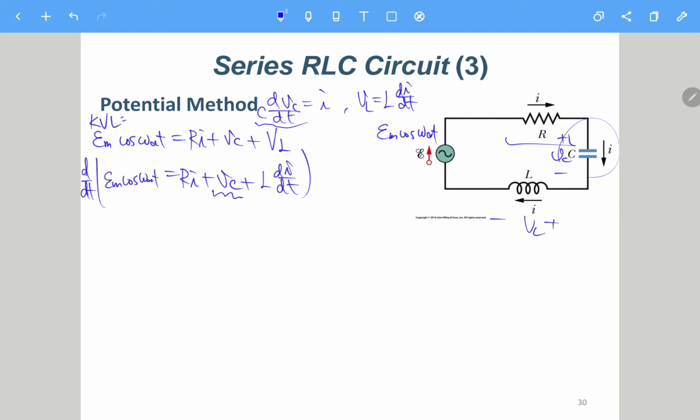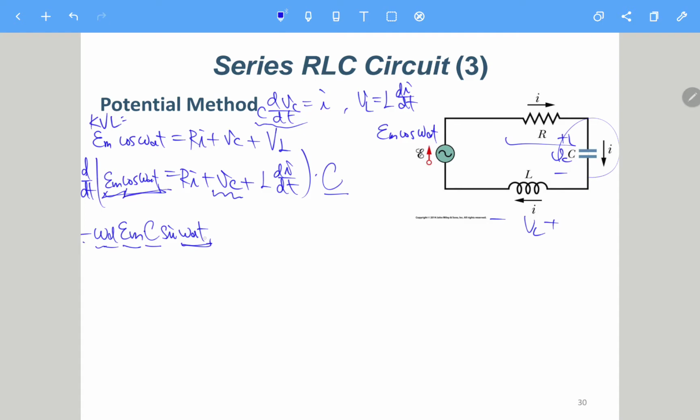Then we can construct this dVc dt and multiply by C. Taking the derivative of Em cosine omega d t will be omega d Em times C, and then cosine becomes negative sine omega d t. So this omega d is due to the chain rule.